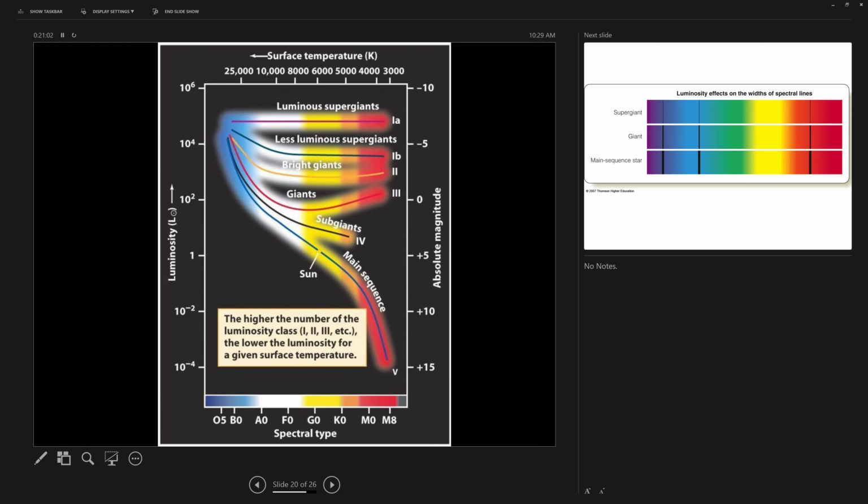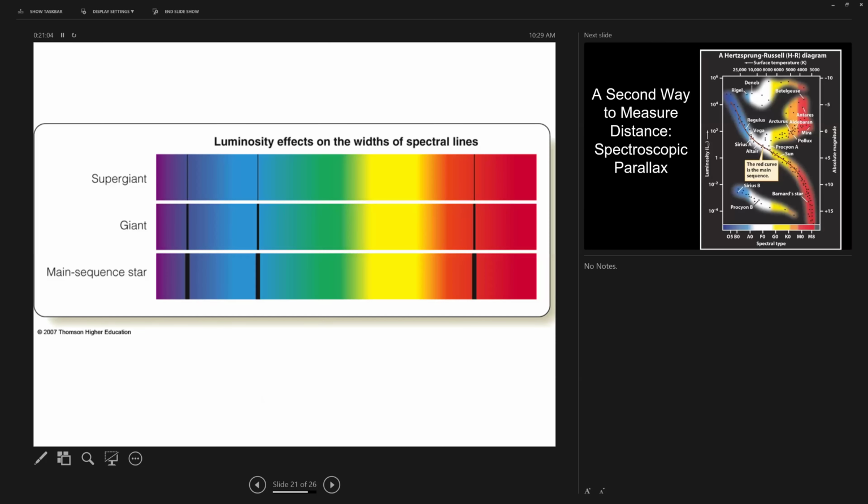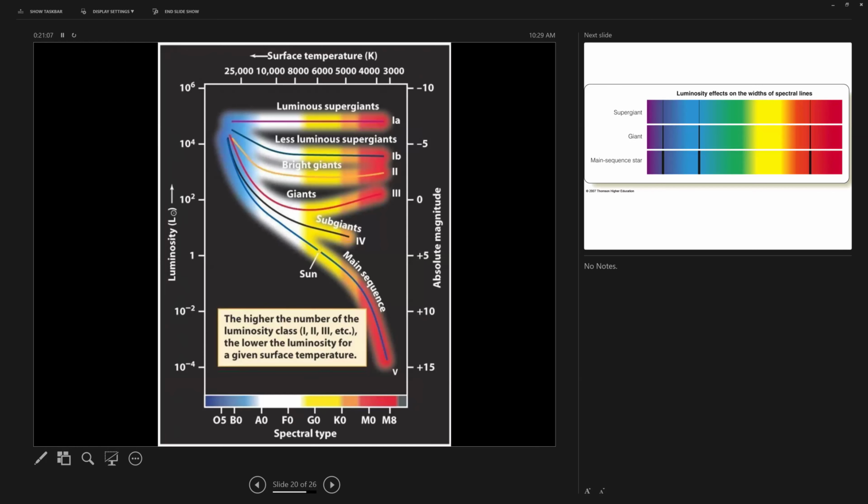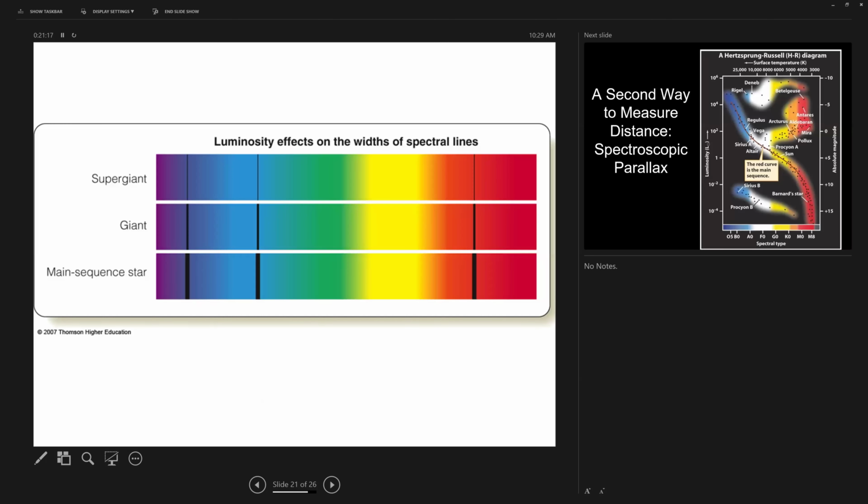And a way that they can tell whether a star is a type Ia, a luminous supergiant, or a less luminous supergiant, or a type I or type III or whatever, is to study the widths of the spectral lines.